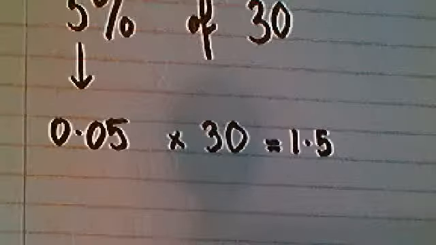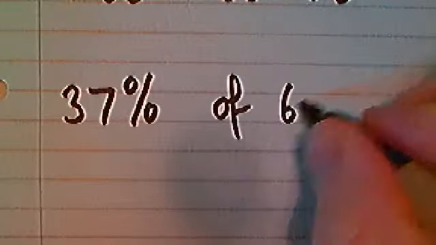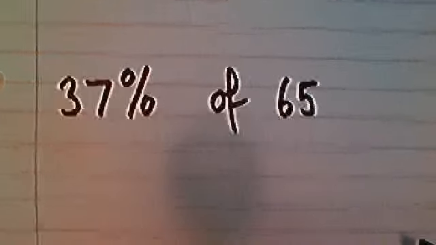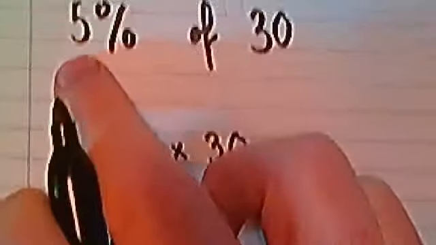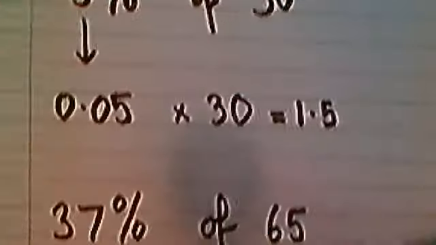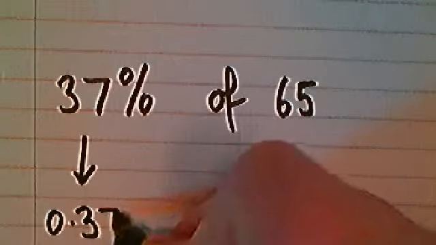Now it gets a bit trickier as you go on. Say you wanted to find 37% of 65. Now, if you remember up here, 5% became 0.05. You can see that 37% would then become 0.37.